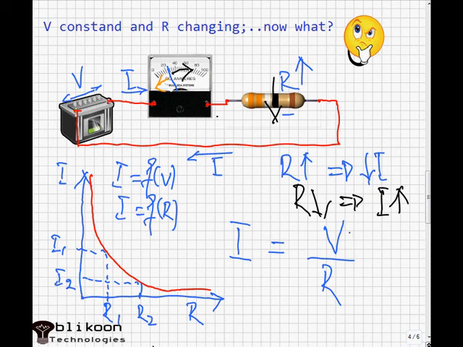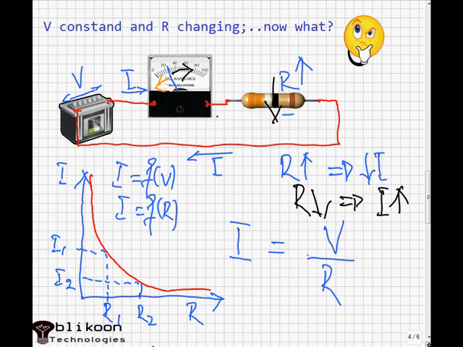If you decrease voltage, current decreases, and that's what we have found. If we keep voltage constant and increase resistance, current is going to decrease. We decrease resistance, current is going to increase, and this is exactly what we had. The relationship here explains why these two curves are different.